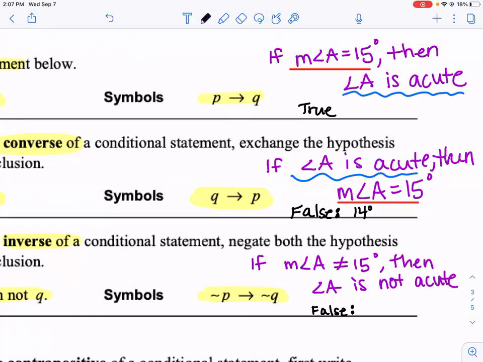I'm listening, Cohen. But I don't think that's a very good counterexample.